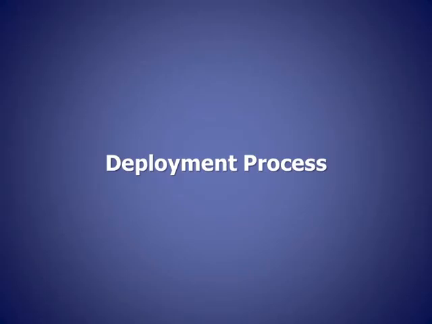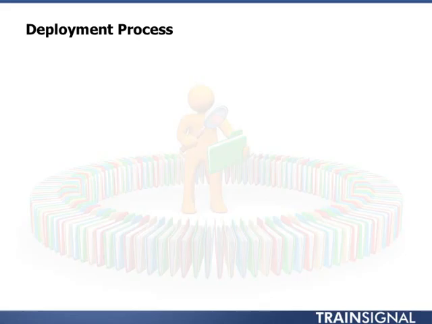Let's take a look at some of the steps that are involved with the deployment process. The steps involved for the deployment process of archiving are going to vary depending upon what we're using for our backend storage, whether it's Microsoft Exchange Server Mailbox database storage or Microsoft SQL Server storage over on the Lync Server side.